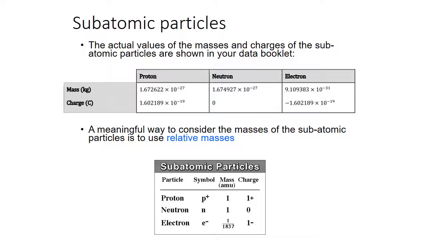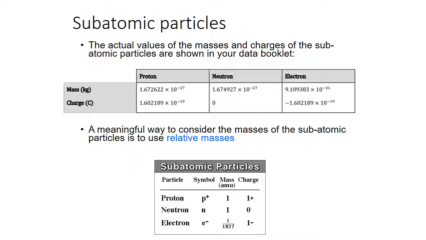Right, so subatomic particles. The actual values of the masses and charges of the subatomic particles are in your data booklet. You can see that a proton is quite massive compared to an electron, about 1,000 times bigger, is it? Yeah, well, even 10,000 times bigger.